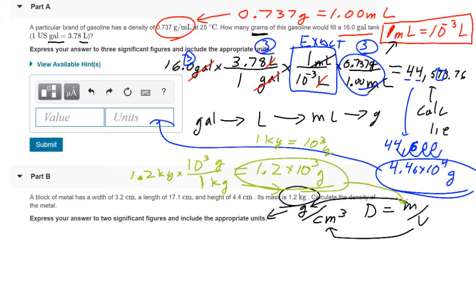Now we need our volume. Volume, remember, is length times width times height.